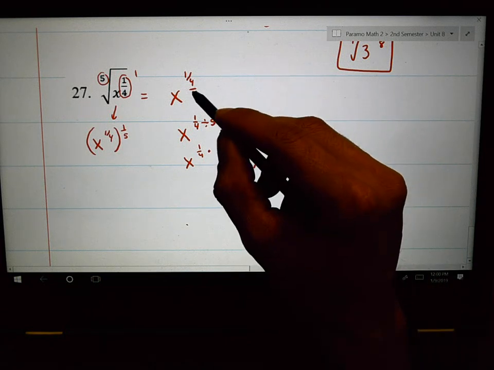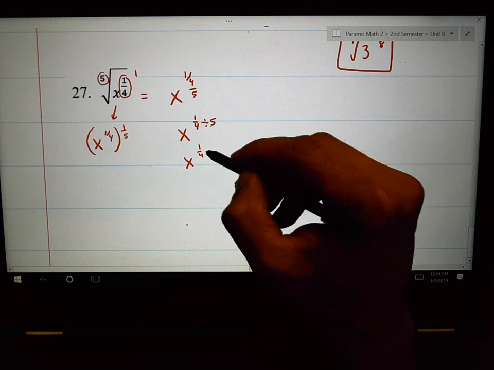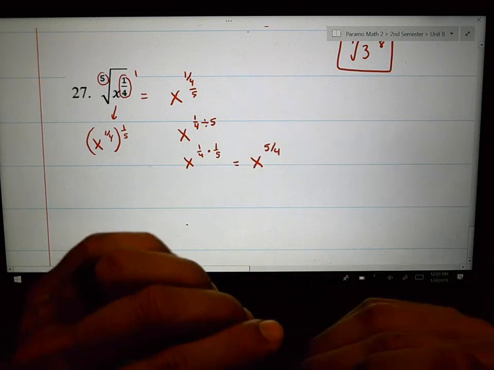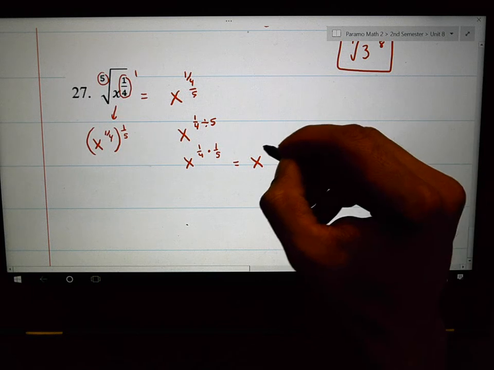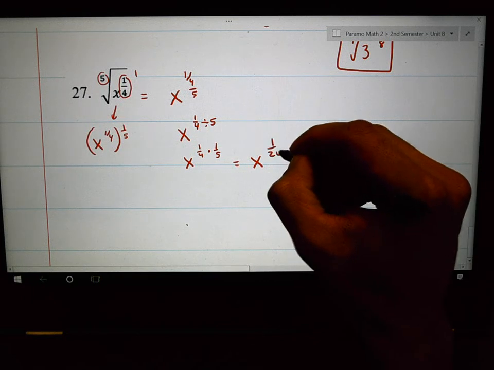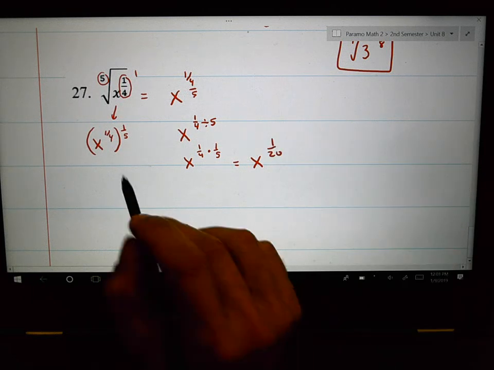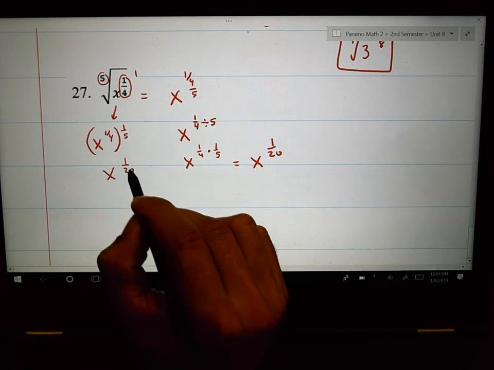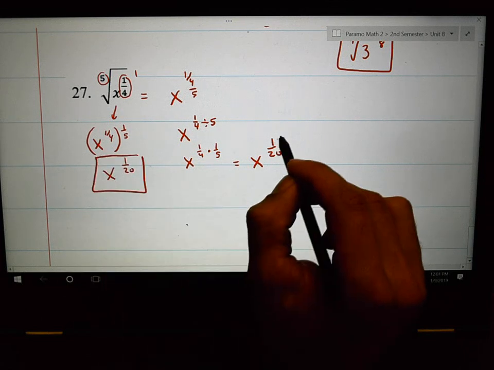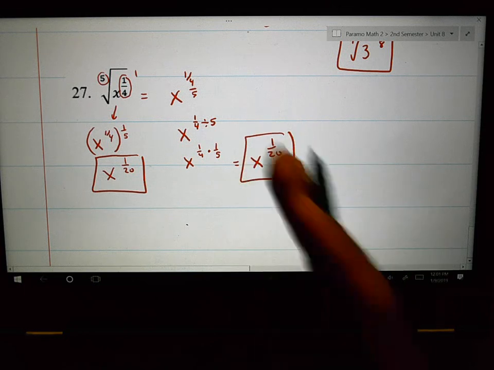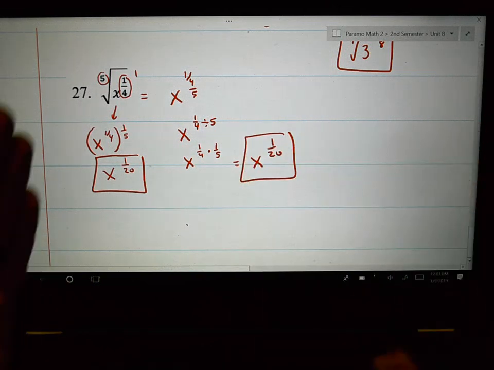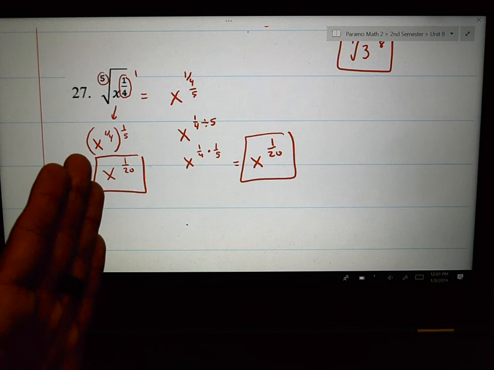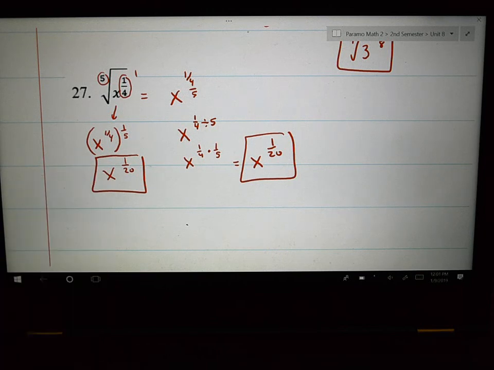Divided by 5 is the same thing as times by 1/5, which is the answer of 1/20. Sorry. That would multiply. X is equal to 1/20. They're the same answer. Whichever way you like better, you can use. I will primarily use this first method. I'm going to stop your notes right there.